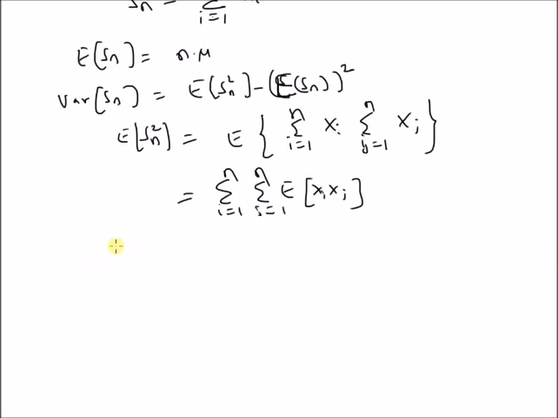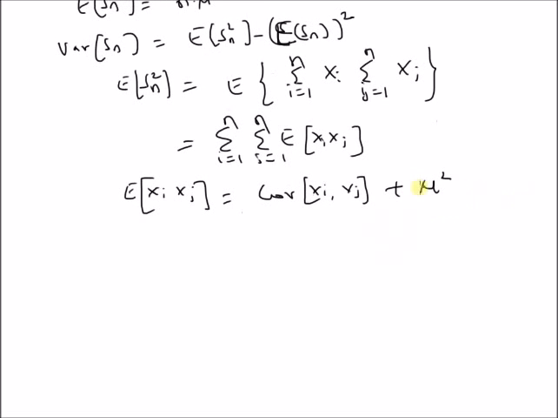But from a previous video, we know that the correlation of xi and xj is equal to the covariance between xi and xj plus the square of the mean, that is mu square. Actually it is the product of the means, and since xi and xj are independent and identically distributed, the product of the means is equal to the square of the mean, which is mu square.